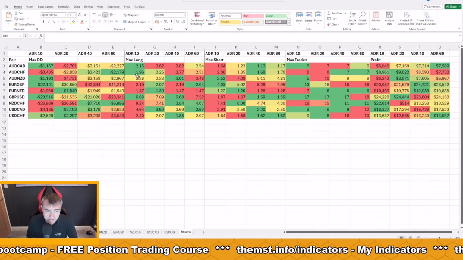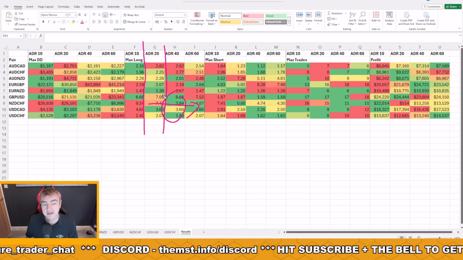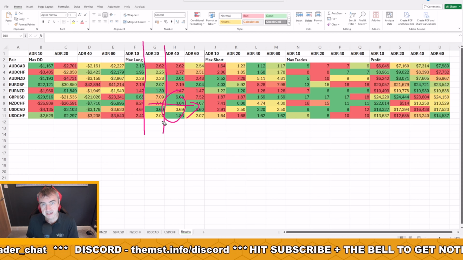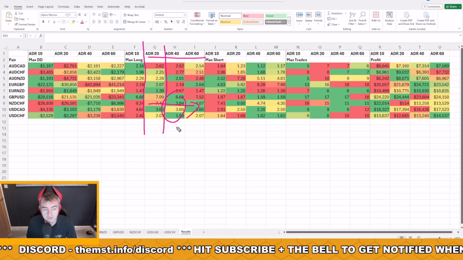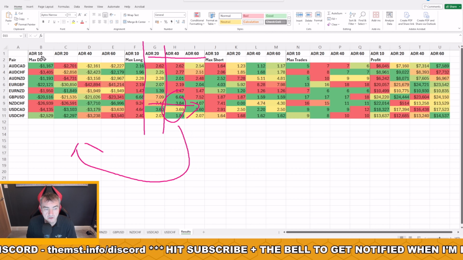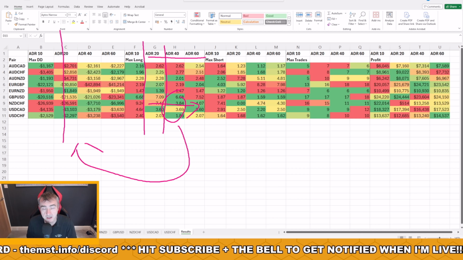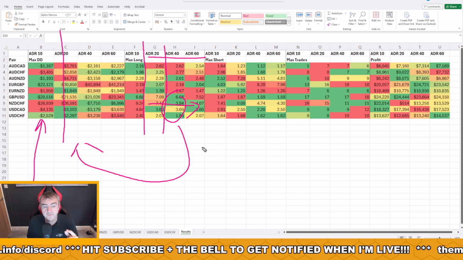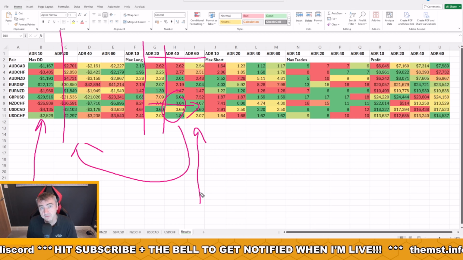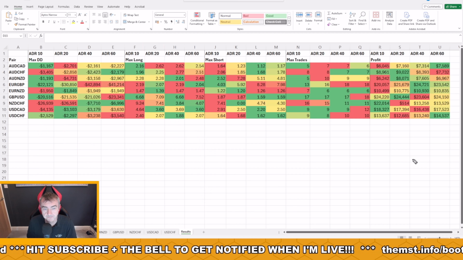So anything from an ADR 20 upwards is giving you much more green areas with most instruments, meaning that you're going to get less lots taken per trade if you use a higher ADR. So that kind of conflicts. We're looking at, if we want a low drawdown on our account, we should be using a low ADR figure. But if we want to use lower lot sizing, we should be using a higher ADR figure.